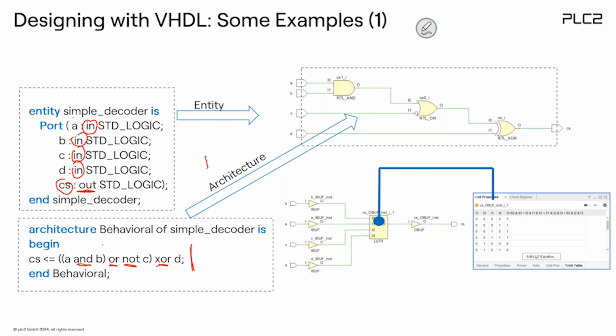This is called elaboration. So elaboration is not really the synthesis. Elaboration is just the translation of your description using the generic elements like gates. So in this case, that would be the translation.